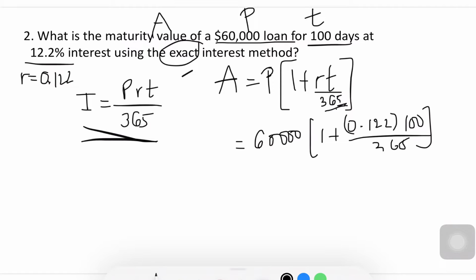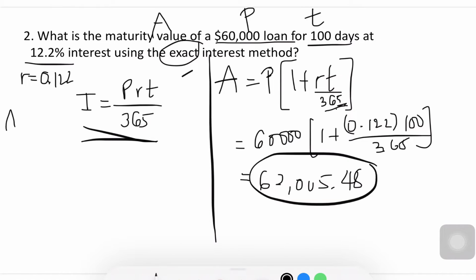So we have $62,005.48. So this is now your future value.